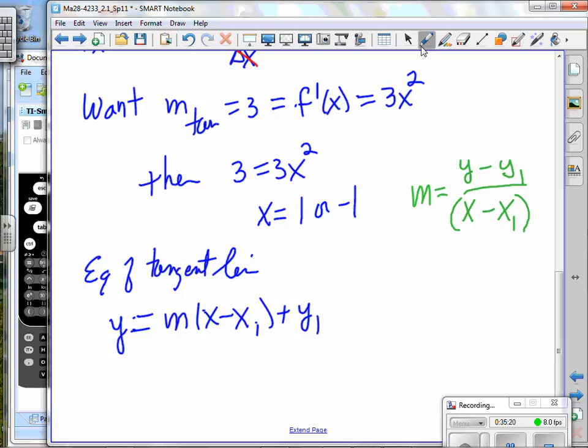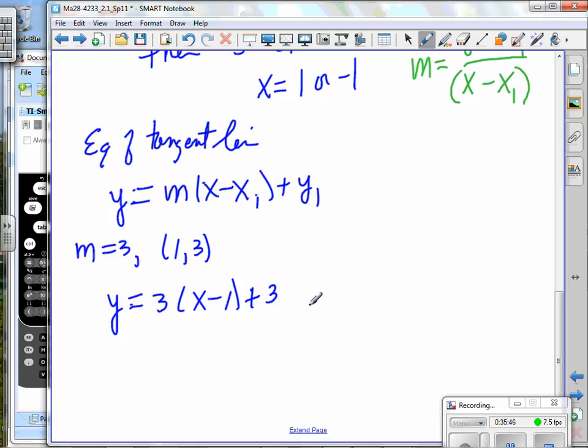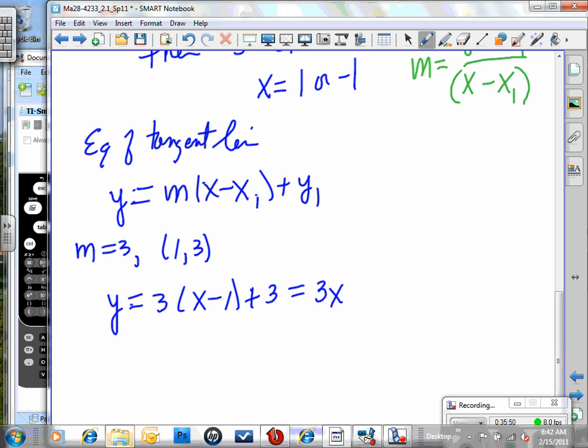So here we go. For m equals 3 and the point (1, 3), our line is going to be y equals 3 times the quantity x minus 1 plus 3. And I expect you to simplify that. There's no reason to leave it like that. 3x.